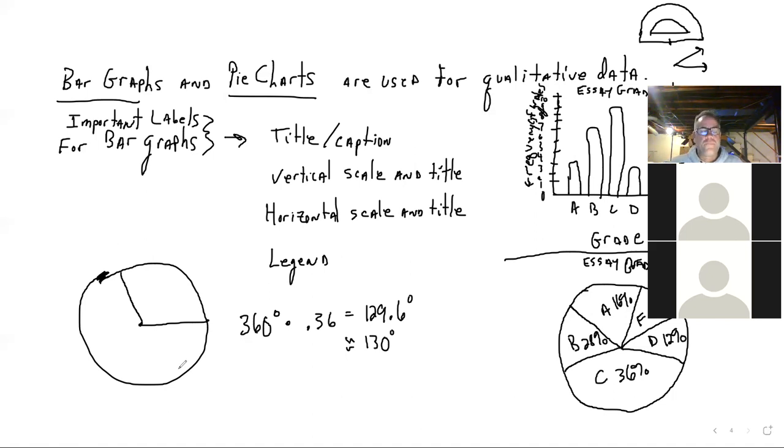Okay. Well, so now again, bar graphs and pie charts are for qualitative data. Now, quantitative data: what we're going to call histograms and line charts.